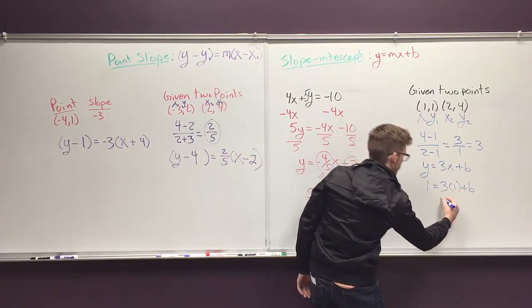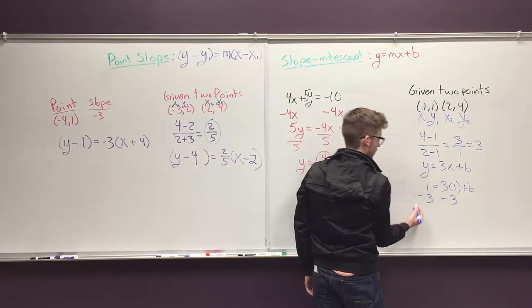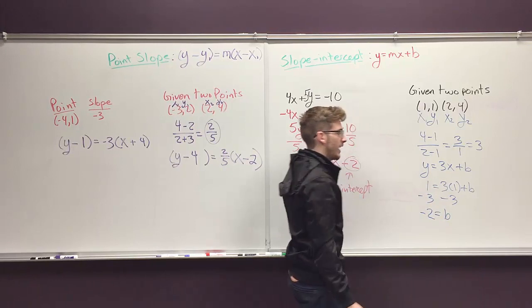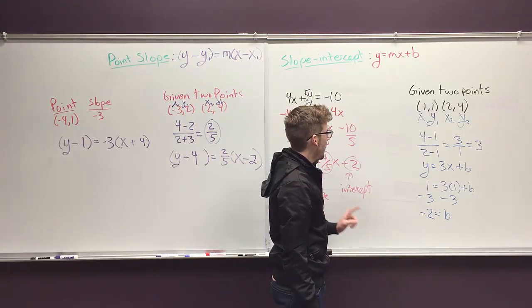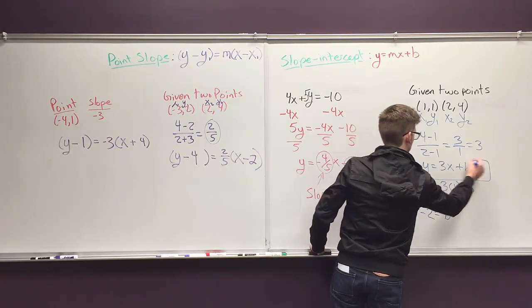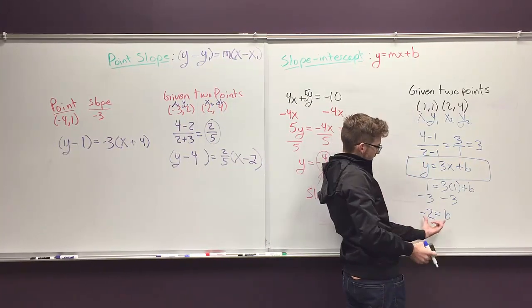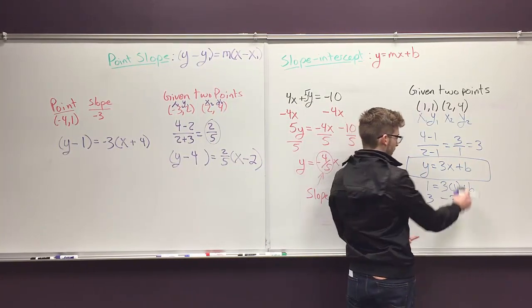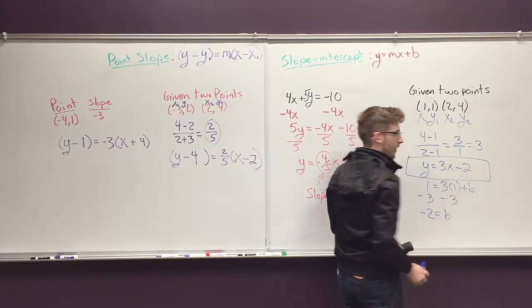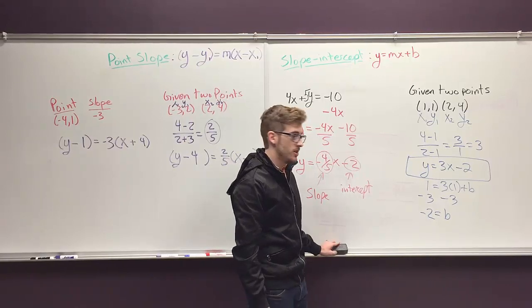Well, that's just 3, so we're going to subtract 3 from both sides. 1 minus 3 is negative 2, so b is equal to negative 2. So that means our equation here, what we need to do is take this negative 2 and replace b with negative 2. And that is our new equation.